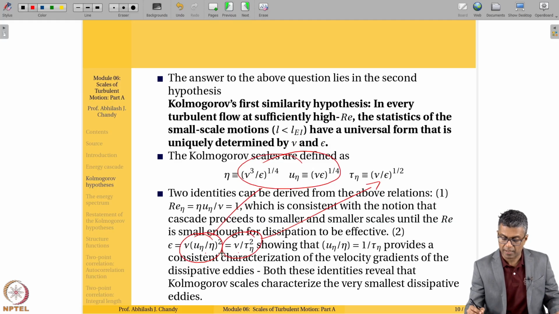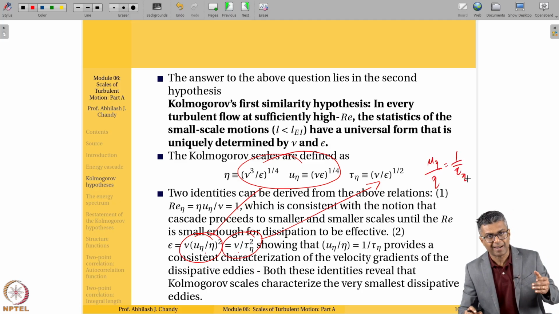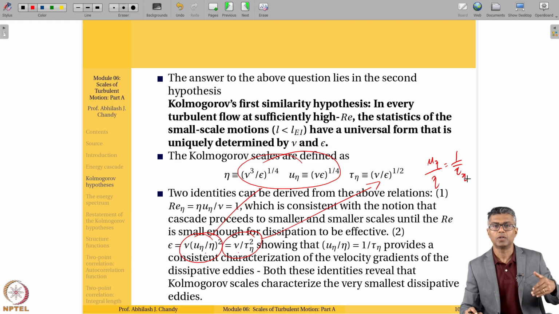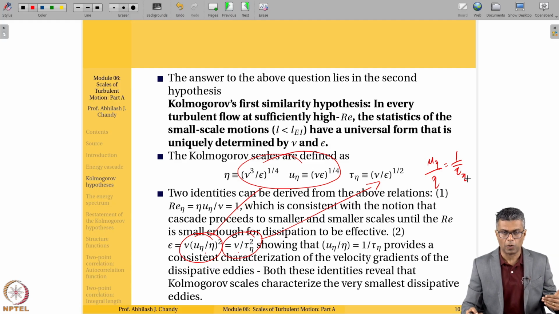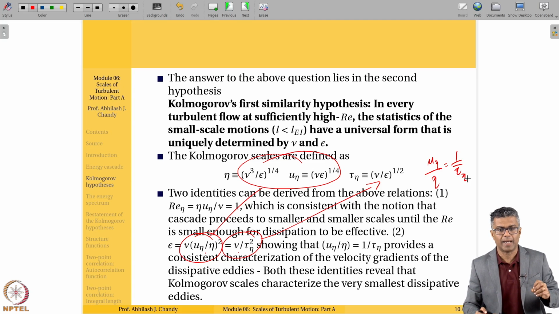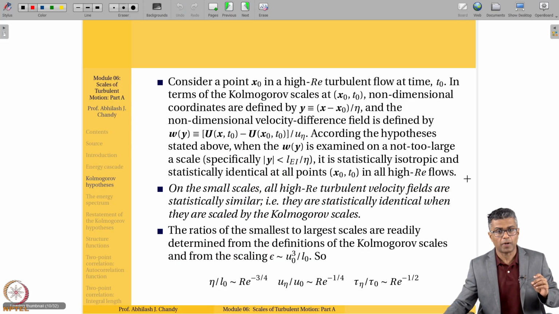This shows that u_eta over eta is 1 over tau_eta, which is consistent because the time scale would be equal to the length scale divided by the velocity scale. So the entire characterization of the small scales is consistent. So this all indicates that these are indeed the small scales, and we have a consistent characterization of the small scales. That's where we were at.